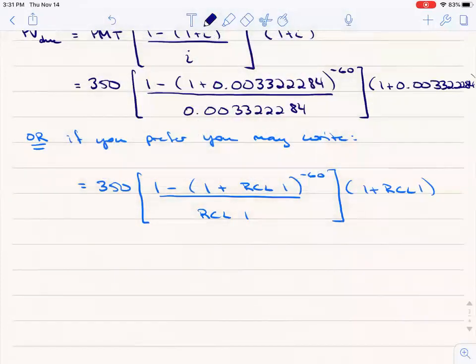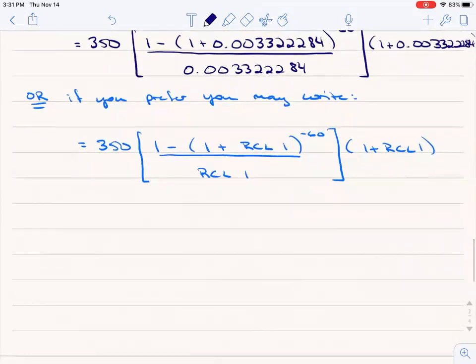Either way, if we do these calculations, starting from the inside brackets, the small brackets inside the big brackets and blooming out, we get 1 plus recall 1 to the power of negative 60, equals 1 minus that guy divided by recall 1.